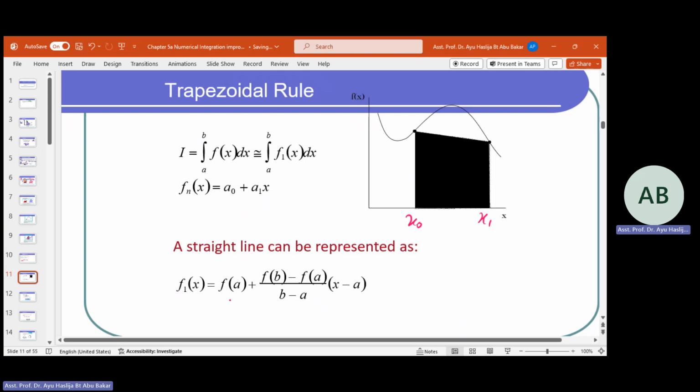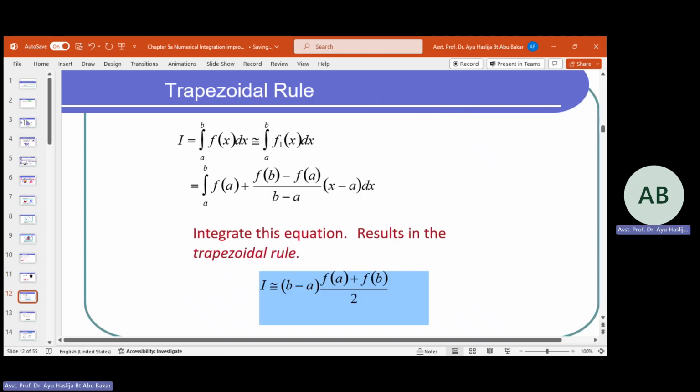This is the equation from Newton last time, right? Newton interpolation. Where this is the one that you need to calculate, the b1 last time. This is b0. It doesn't matter what letter you use, either x0 or a, x1 or b, as long as you understand the concept.